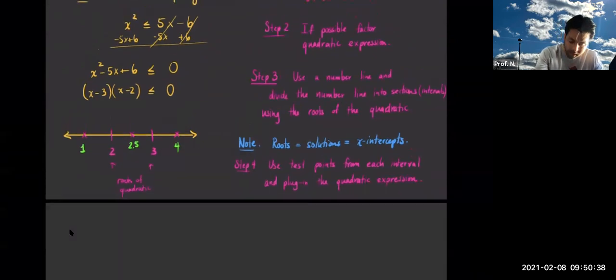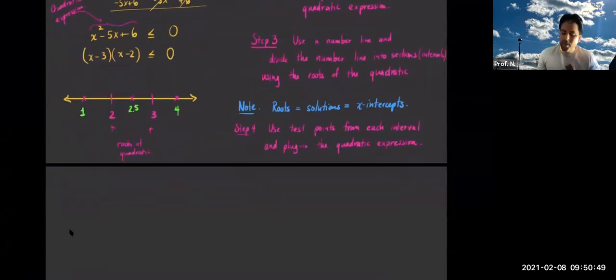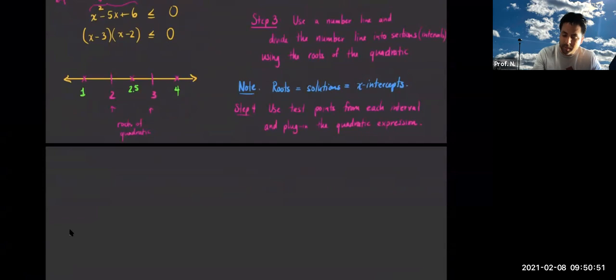And let me just highlight that this is the quadratic expression. Okay, so then test points. I got x equals 1, I got x equals 2.5, and I got x equals 4.